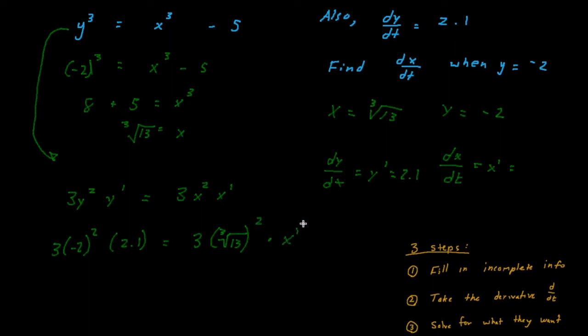And we're looking for x prime. The question asks us to find dx over dt. This is the part we're looking for. Simplifying this problem at this point is just using algebra. This will be 25.2. That's equal to about 16.59 times x prime. And x prime, or dx over dt, what they asked us for, will be about 1.52.